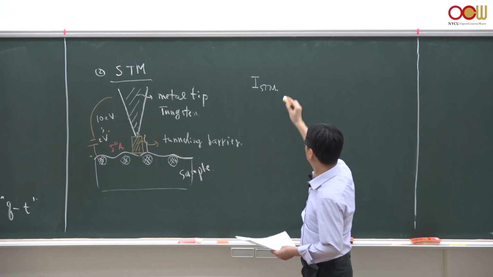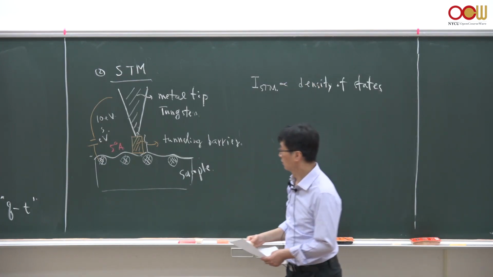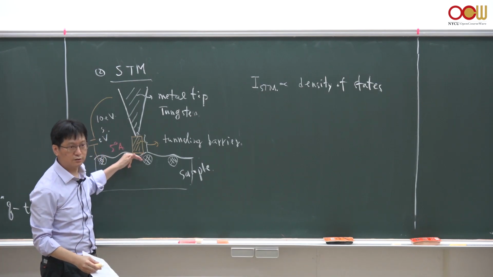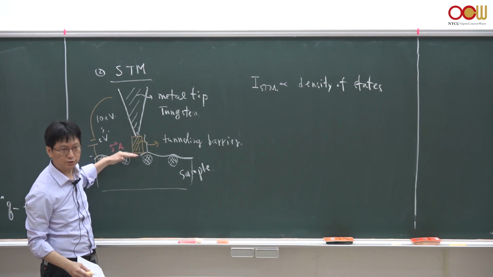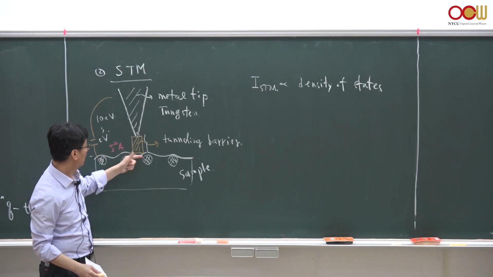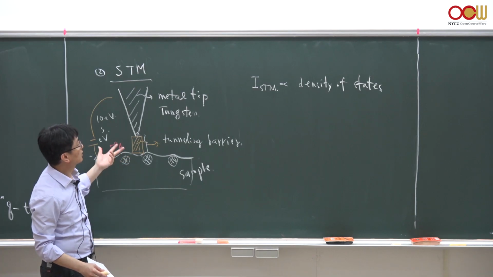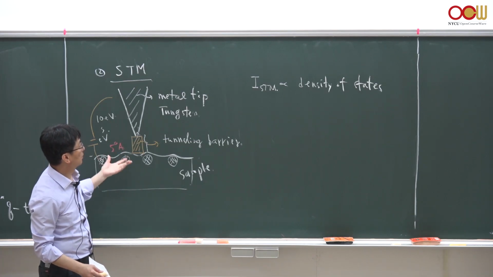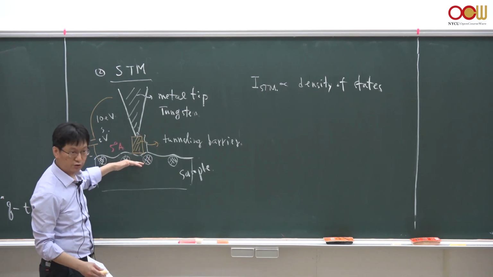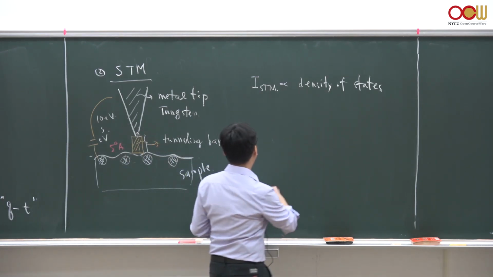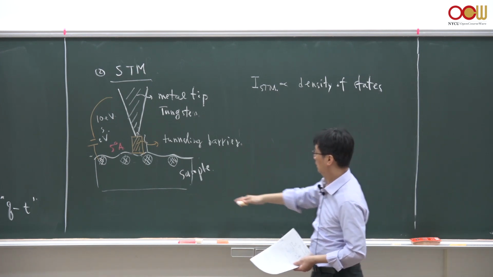It is proportional to the density of states of the electrons just below the STM tip on the surface of the material. So the STM signal represents how many electrons are there on the surface.